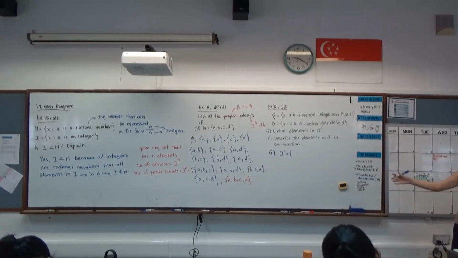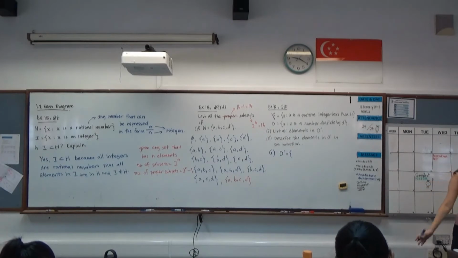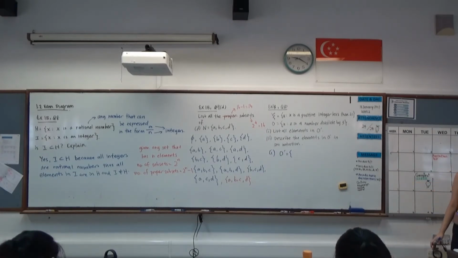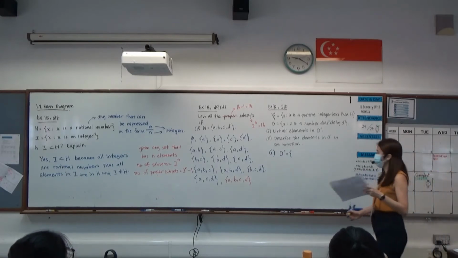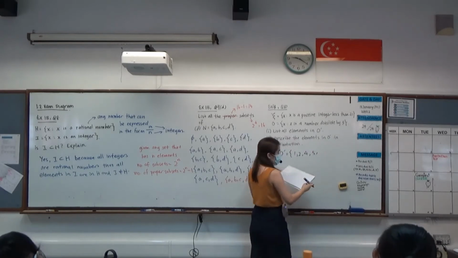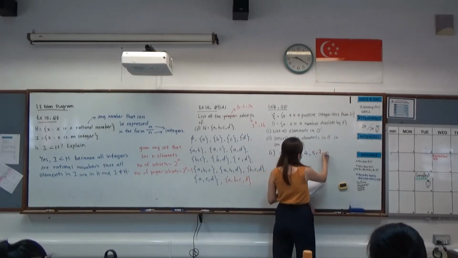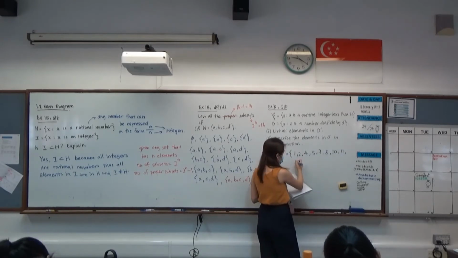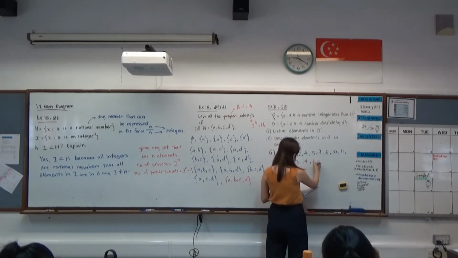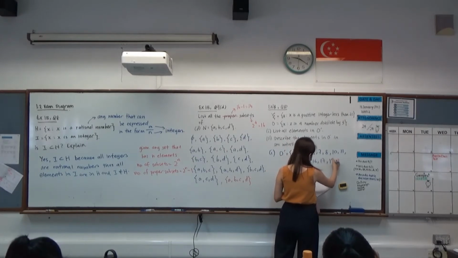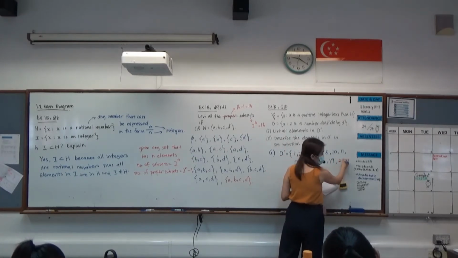Joseph, can you tell me what are the elements in O complement? 1, 2, 4, 5, 7, 8, 10, 11, 13, 14, 16, 17, 19, and 20.